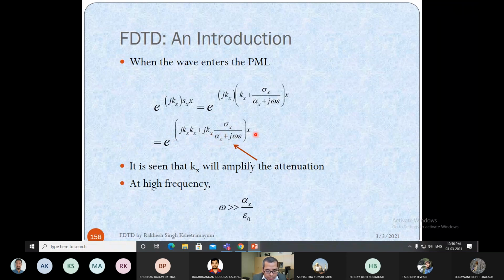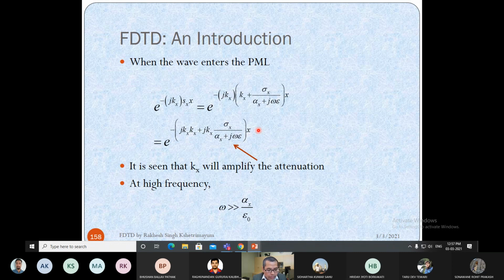So this is a wave which is propagating along the x-axis. You don't have any attenuation. Attenuation will be there when we have something like exponential minus alpha x, where alpha is a positive number. But here what we have is exponential minus jkx x. So this is a wave propagating along the x-axis. There is no attenuation at all at low frequency.